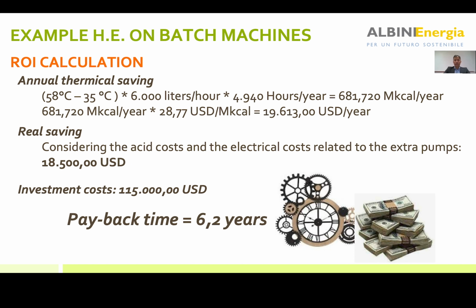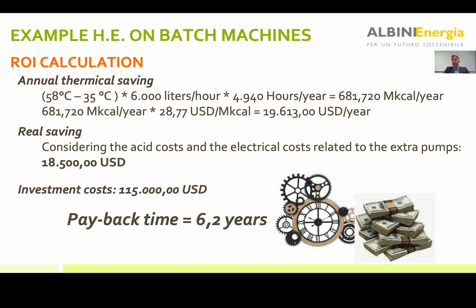And over here, you can find the saving. Of course, the saving is mainly related to the thermal energy that you can save because you have warmed up the temperature of the second and the third rinsing, so the reusable water, from 35 degrees to 58 degrees. Of course, you have to multiply such a difference by 6,000 liters per hour, and the number of hours per year, which are almost 5,000.